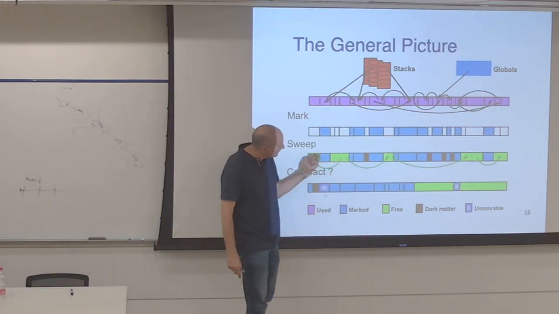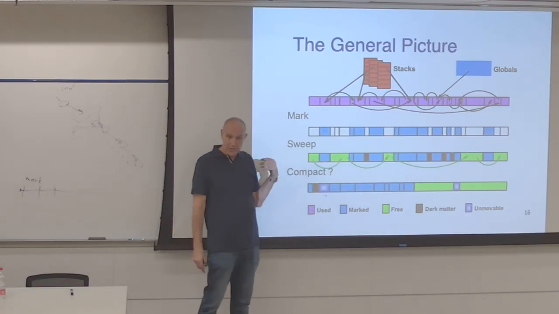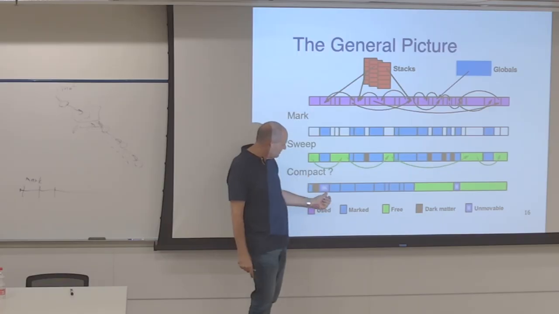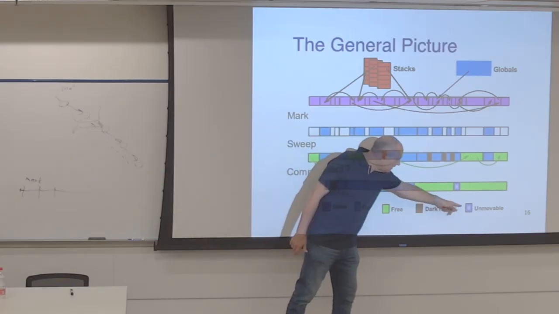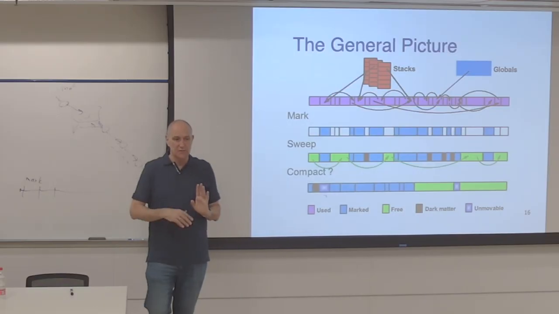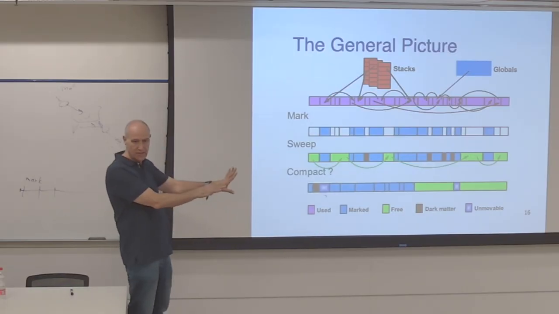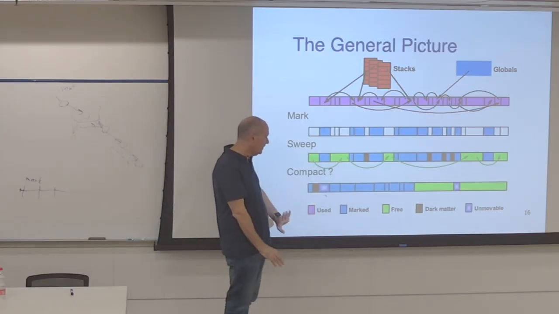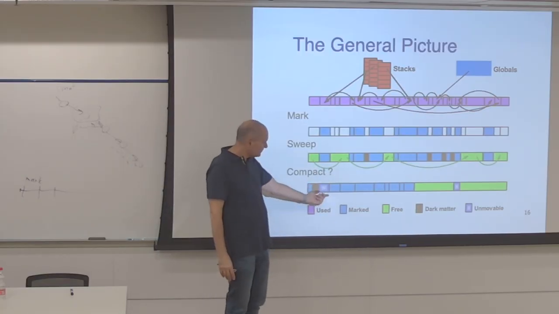And then you compact, you move all the blue objects to the beginning. And what you see here from the real world is that there are some objects that you cannot move. These are unmovable objects. Maybe you've sent pointers to them to another programming environment and you don't control them anymore. You have to keep them where they are for any reason, and they remain.